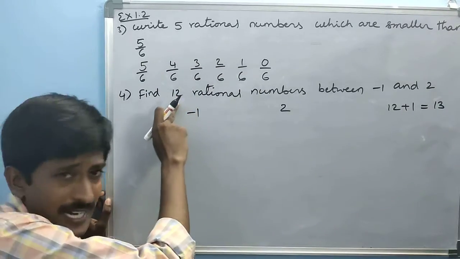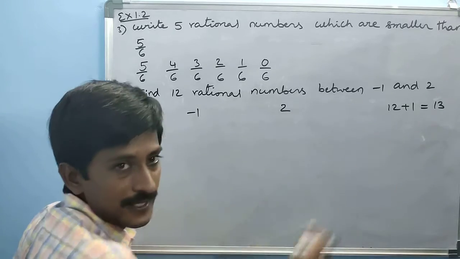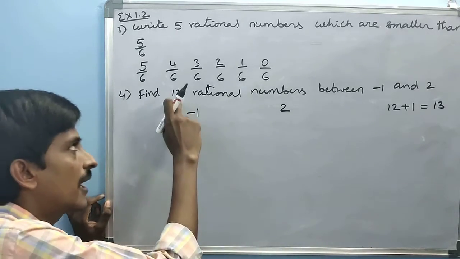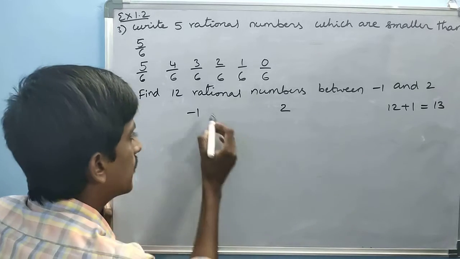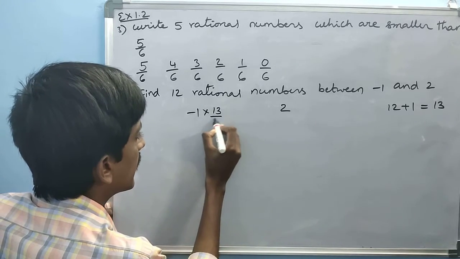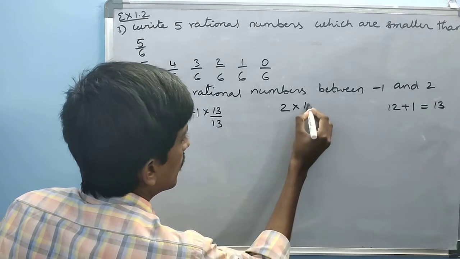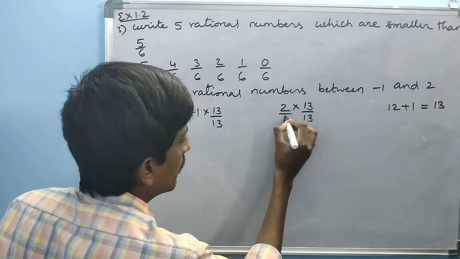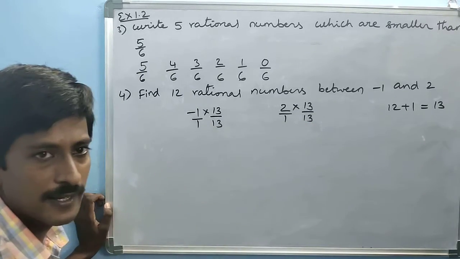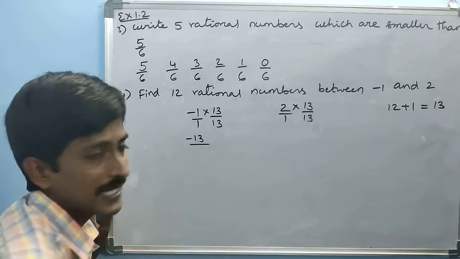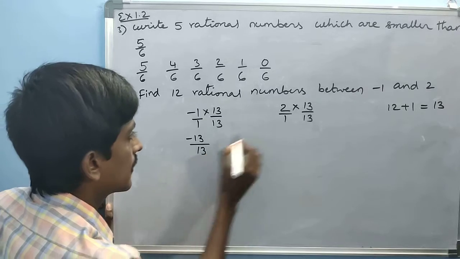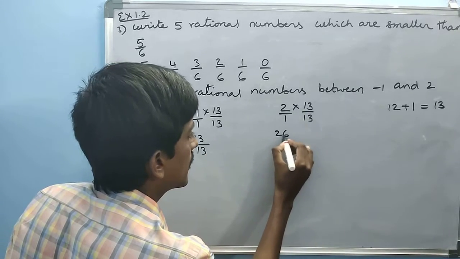If 5 rational numbers are given, 5 plus 1, 6. If you are asked only 1, 1 plus 1, 2. Multiply with both numerator and denominator. If it is a whole number, you take 1. 13 times minus 1 is minus 13. 1 times 13 is 13. 2 times 13 is 26.